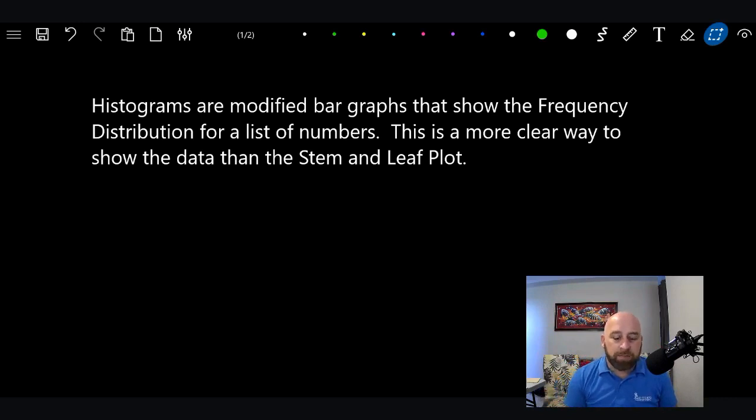This modified bar graph shows what's called frequency distribution. If you look at that in your book, frequency distribution is the list of numbers of data values within each class. What does that mean? Well, back when we were doing stem and leaf in the last lesson, we talked about the classifications. Those were the stems. When we did the temperatures in Philadelphia, it was 30-something degrees most of the days.